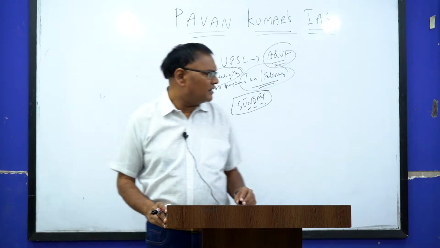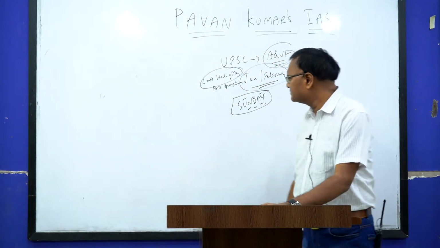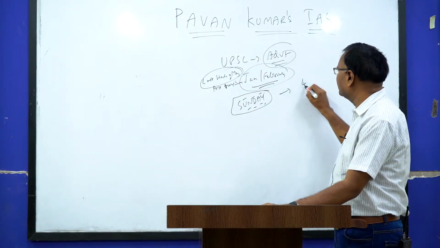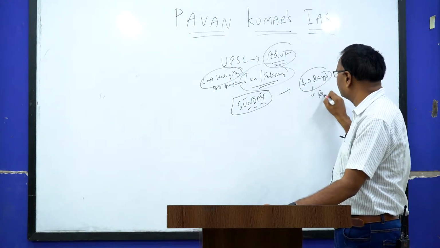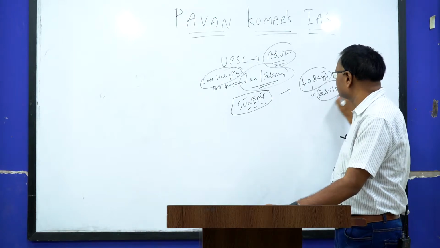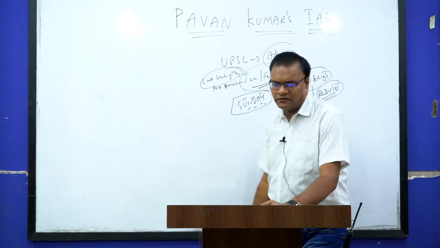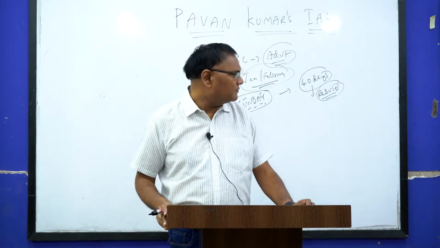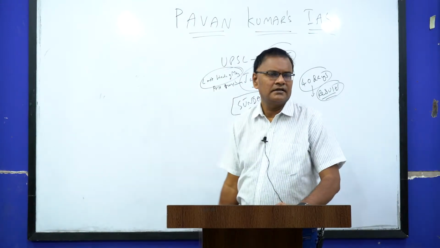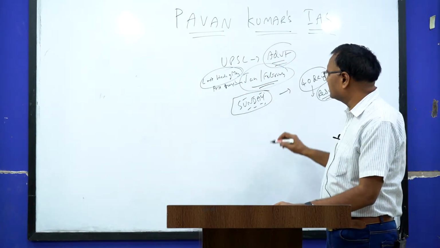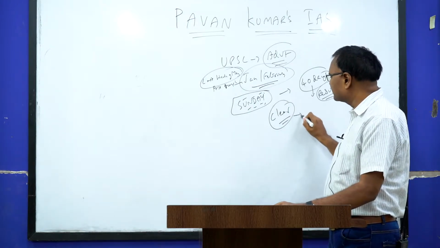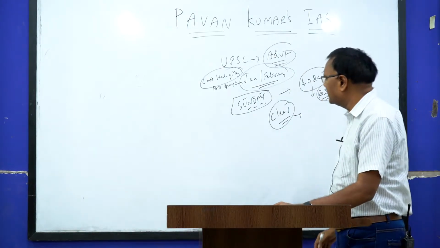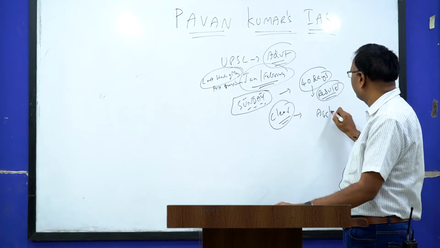So after this preliminary examination, in around 40 days, they will come out with the results of the preliminary examination. And after that, those who clear the preliminary examination will be asked to fill in an application again.